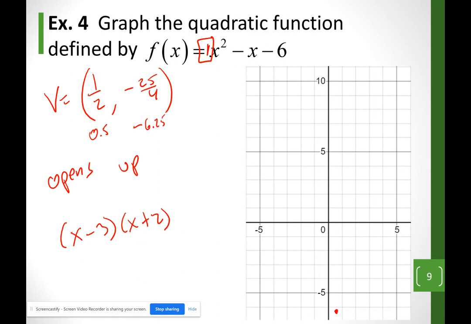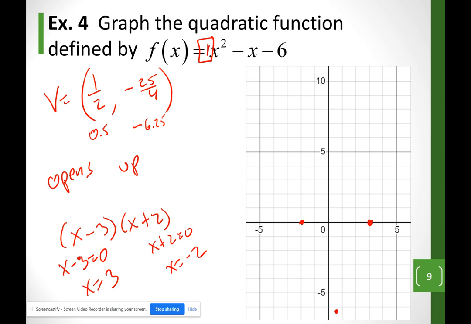You let each of your factors equal 0: x minus 3 equals 0, x plus 2 equals 0. So x is equal to positive 3, and x equals negative 2. Those values, positive 3 and negative 2, are where I'm going to intersect the x-axis.